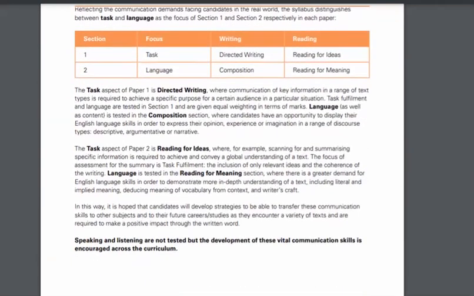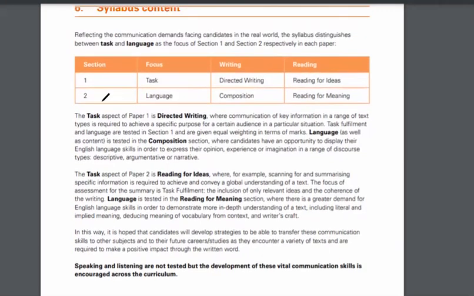One last thing. This is how we assess your work. In both your writing and reading papers, especially your writing paper, you are awarded marks in 2 different categories for every question. For example, I told you that the directed writing question is worth 30 marks.